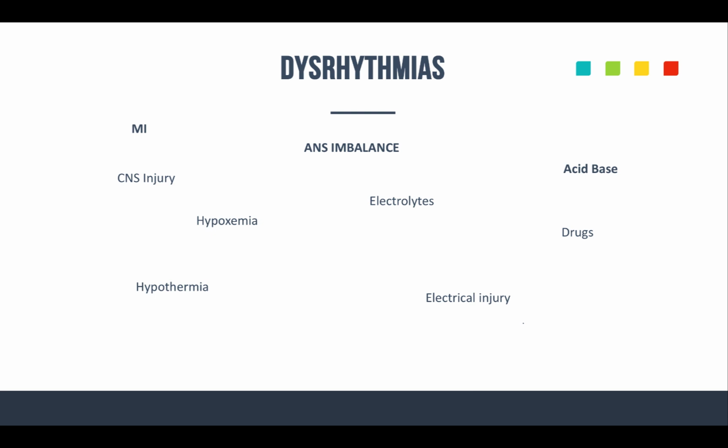So when you see patients that have this stuff, you might want to start considering that. Or if you get a patient that's described as having something like these that you see here on the screen, you might consider them having a dysrhythmia, when you look at answers on an exam, or you're looking at your EKG out in the field. Things like, again, CNS injuries, electrical injury. Somebody gets electrocuted, you might expect to see some sort of dysrhythmia going on. Hypothermia, different types of drugs they might be on.